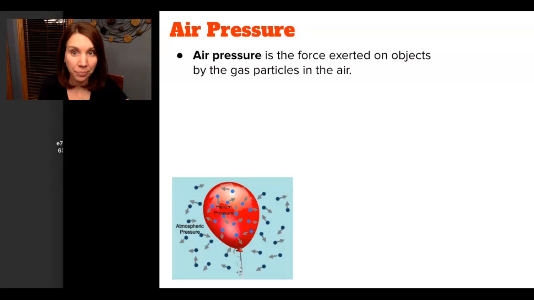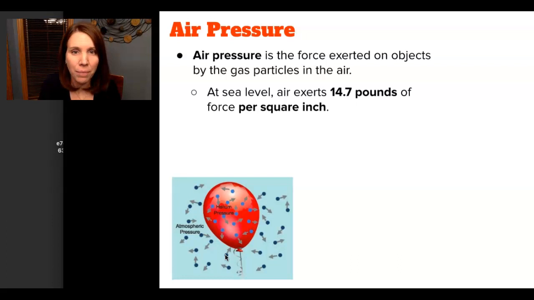So air pressure is the force exerted on objects by the particles of gas in the air. If we take a look here, all of these little dots represent air particles, and they are all colliding with the surface of this balloon and exerting pressure.